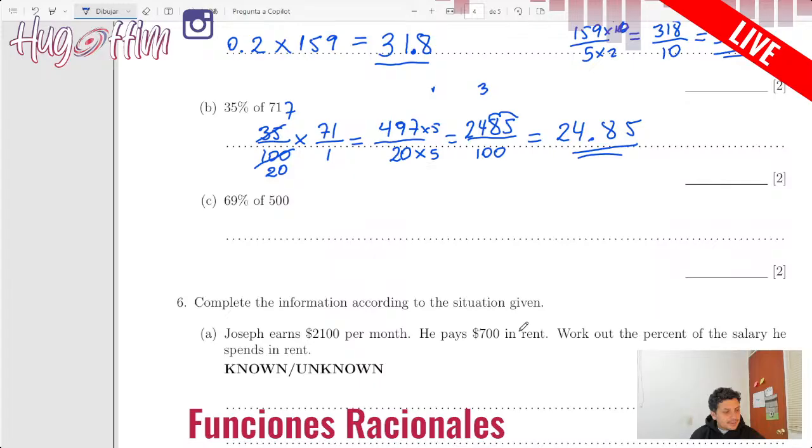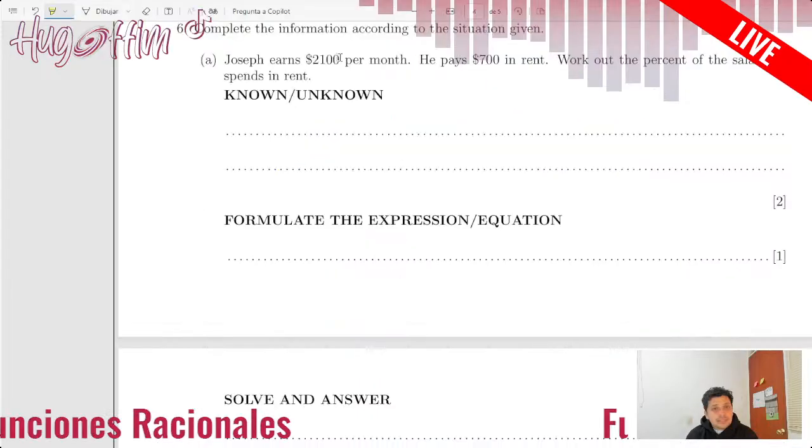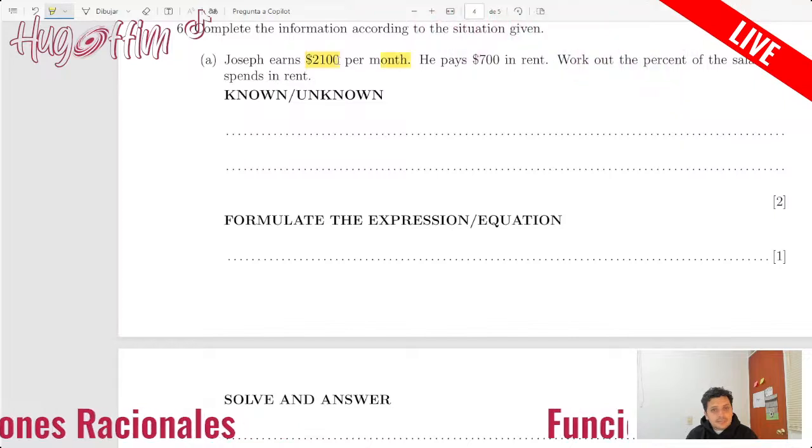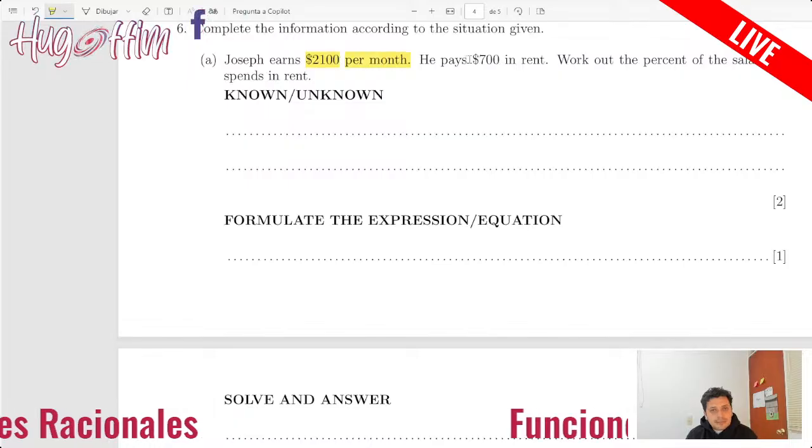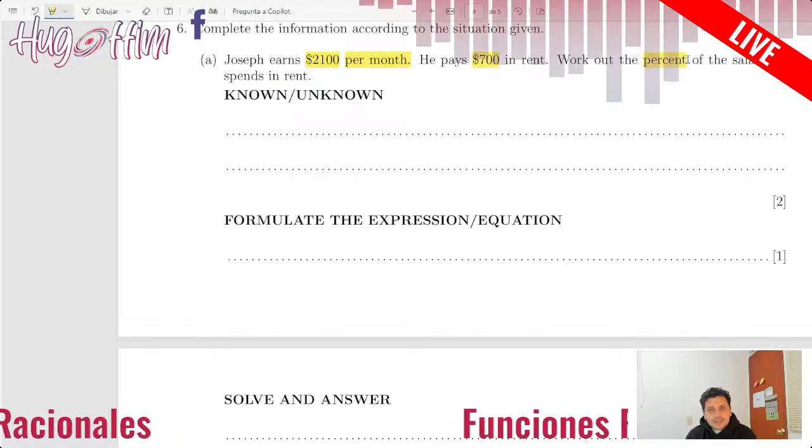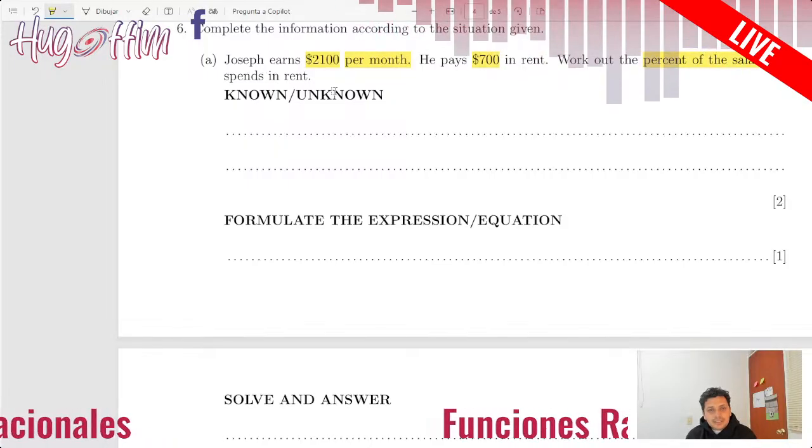Now, identify the data. Look at the data here. Let's see. It says earns this money per month. Pays 700 in rent. And I want the percent of the salary he spends in rent.